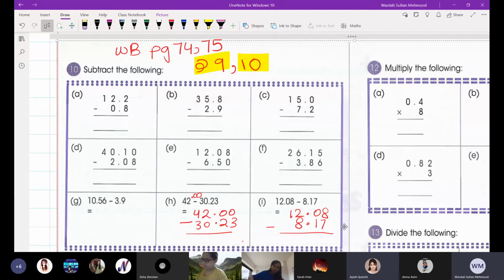At the bottom, you don't have to really. At the top, you must. So 3.9 will come at the top, right? No, the first number comes on the top. Okay.